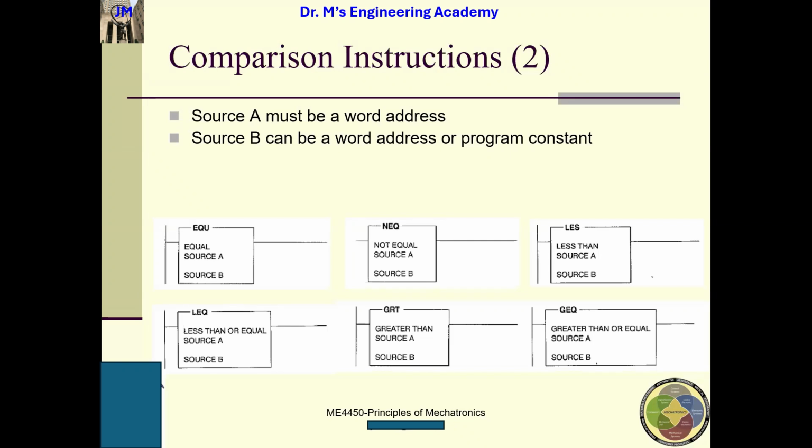If source B is a word address, you are going to compare the content of source A with the content of address B. However, if source B is a program constant, you are going to compare the content of address A with this constant B. A constant means a value, an integer or decimal number, whatever number just is constant. Any questions regarding this slide?